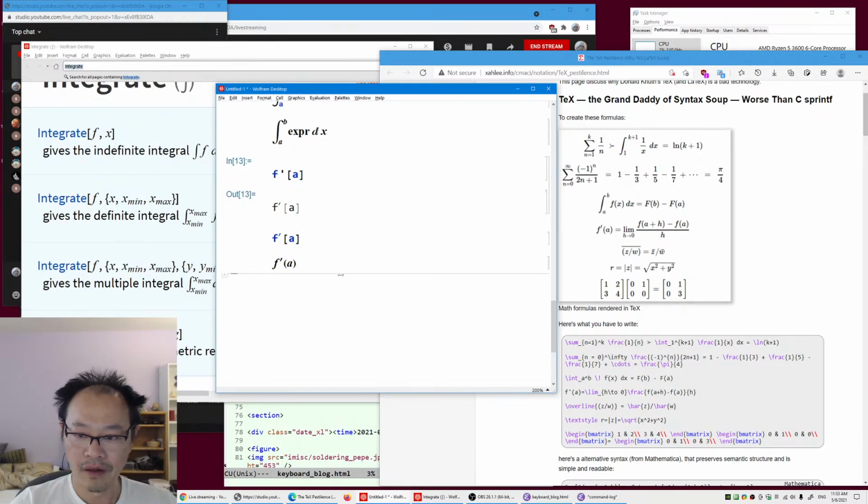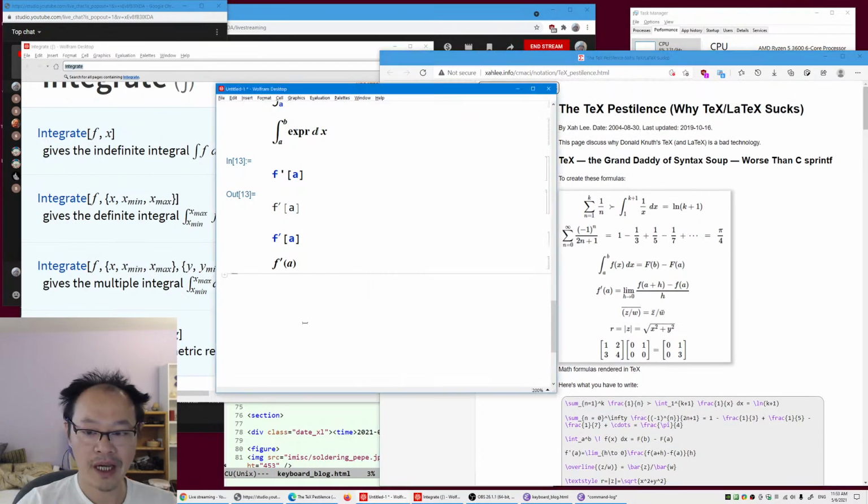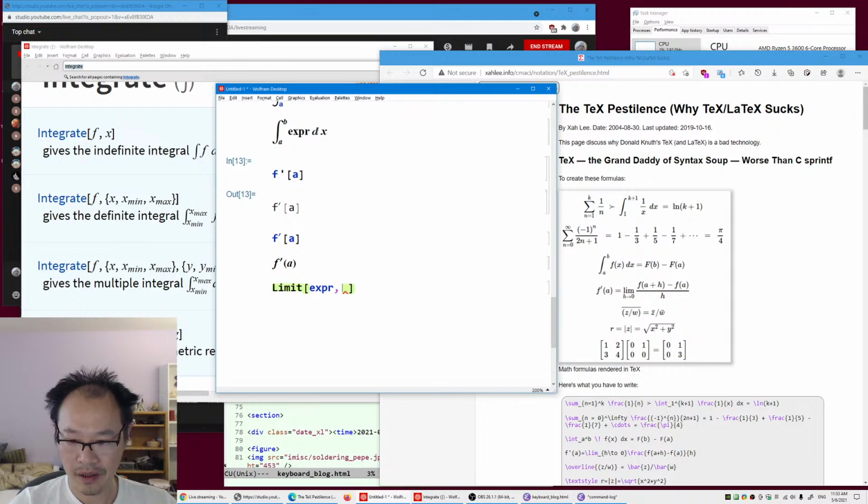Okay, so what about limit? How do you type limit? Limit is obvious. Some expression, h goes to x. Okay, let's say a.